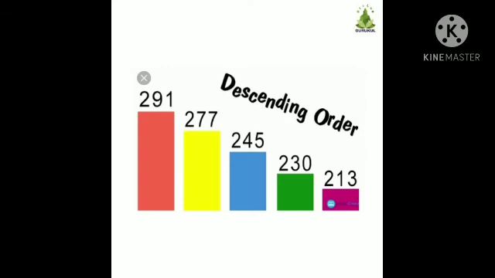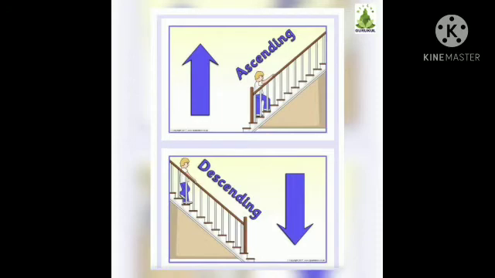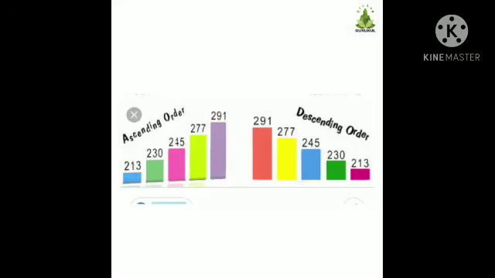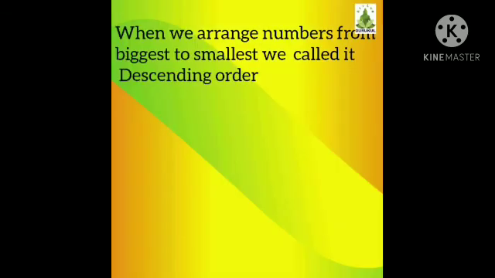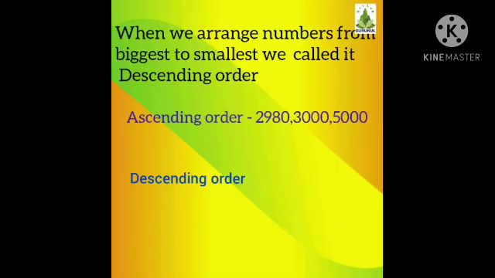Now let's understand how to write descending order. As we have learned, ascending order means arranging numbers from smallest to biggest. In descending order, we will arrange the given numbers from biggest to smallest. Same way, observe the thousands, hundreds, tens and unit places digits.